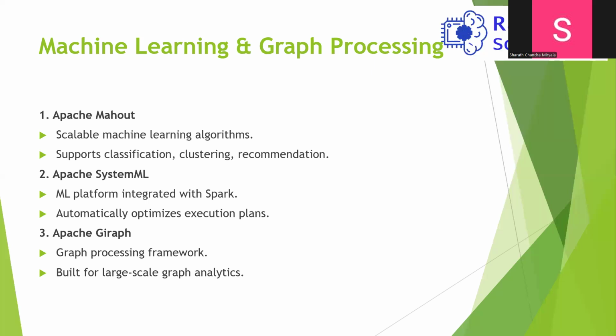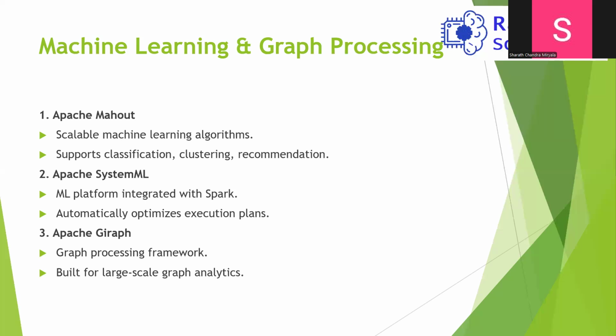And then yeah, these days these things are famous now: machine learning and graph processing. Apache Mahout is one platform where whatever machine learning algorithms we use in our day-to-day life, every algorithm is available in Apache Mahout. This platform supports clustering, classification, and also recommendations.